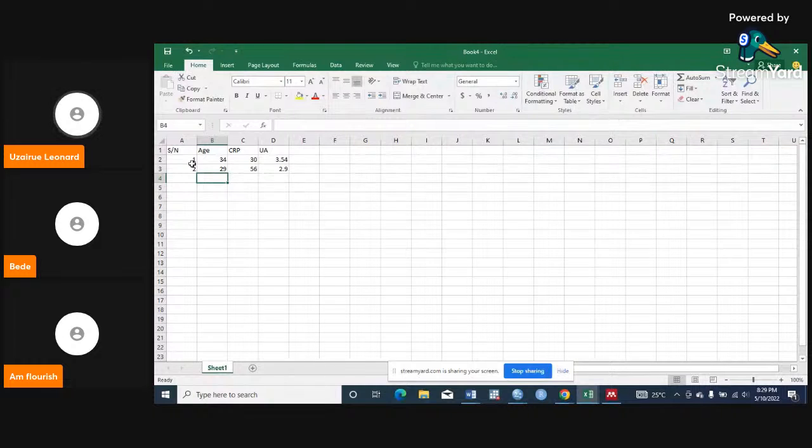Just generate data, any data of your choice. You will generate 100, okay, let's say 50-50. You generate different variables.